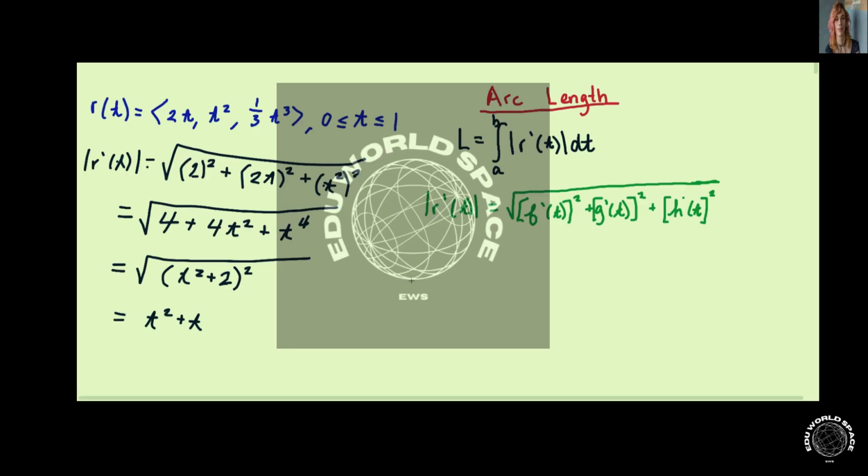Now to find the arc length, I just want to integrate that value from my upper and lower bound. So the length of this arc will be equal to the integral from 0 to 1 of t squared, and excuse me, this was a 2, plus 2, t squared plus 2, and I'm integrating with respect to t.